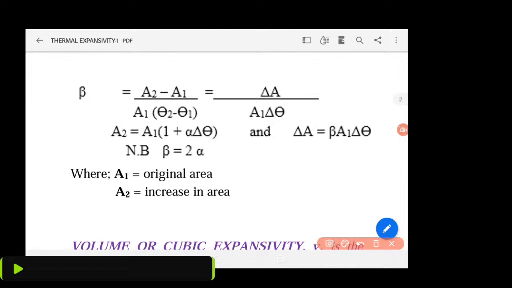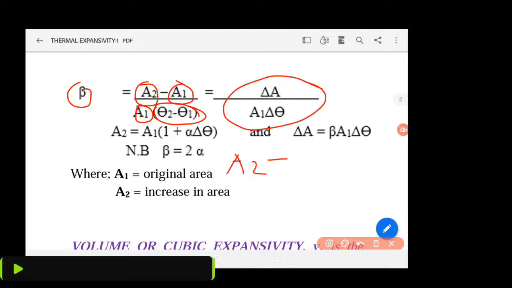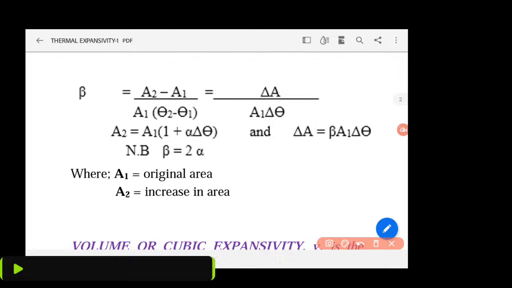The only difference between them is that in this case we are dealing with area, so new area minus the original area divided by original area multiplied by change in temperature will give us superficial expansivity, or you call it area expansivity. And this formula is what we have here as well, because A2 minus A1 is equal to delta A. That is what we have there, as you can see. Okay, and we also make A2 the subject of the formula, also delta A the subject of the formula from this equation, and we have those.